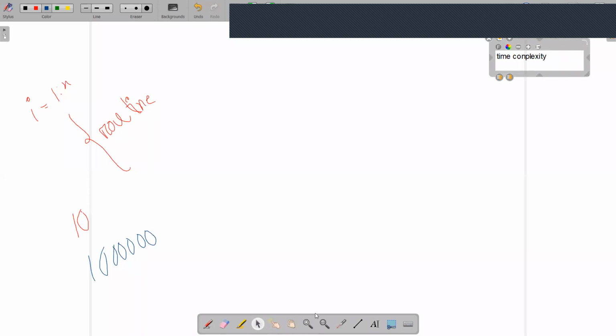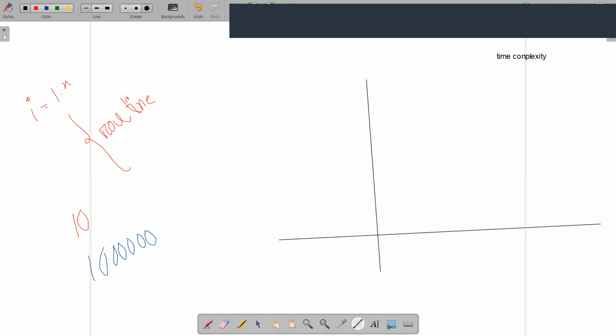If I plot a graph here, this is your n. What is on the y-axis? The time complexity, represented as big O of n. That is known as big O notation. This is a qualitative analysis to analyze the time complexity of your code.